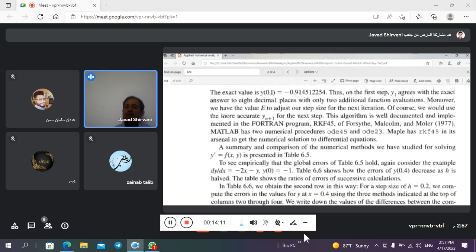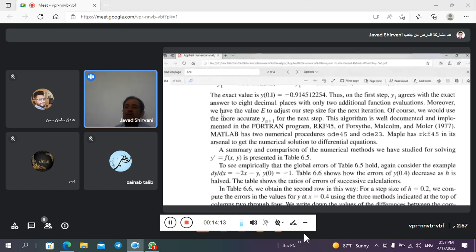Here, the book says we would use the more accurate yn plus 1 for the next step. This algorithm is well documented and implemented in the Fortran program.